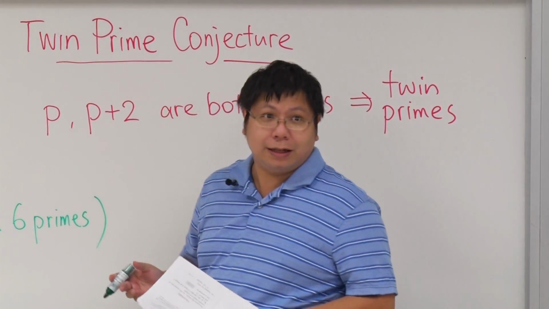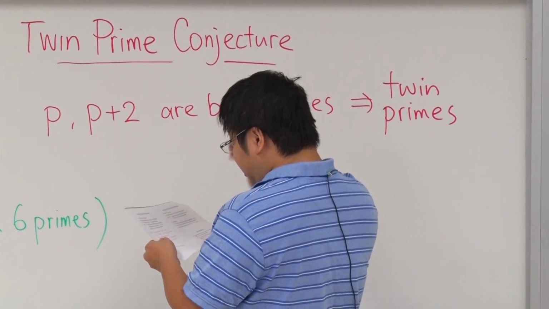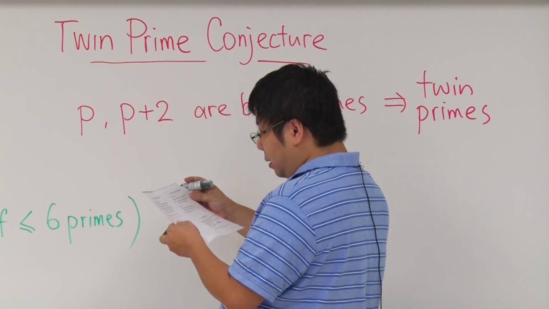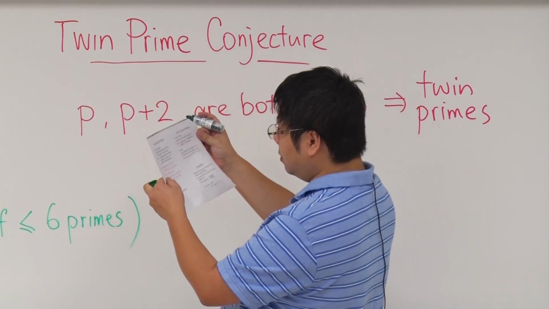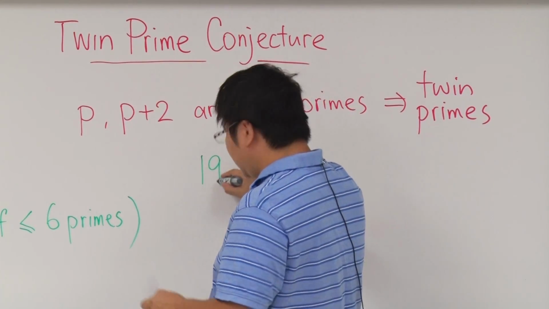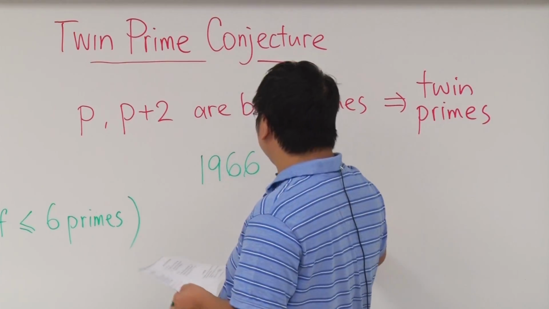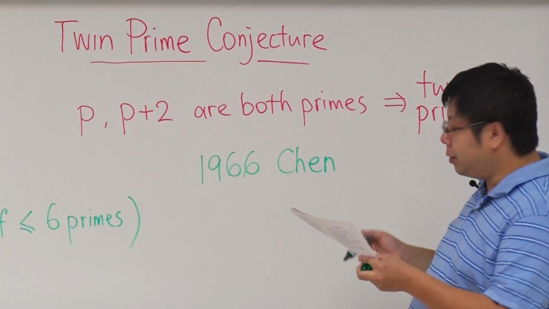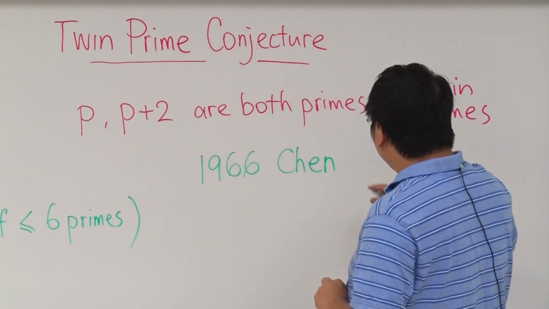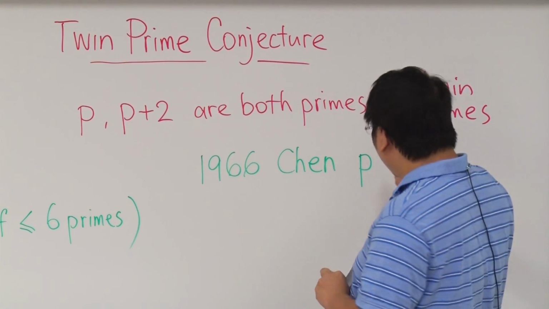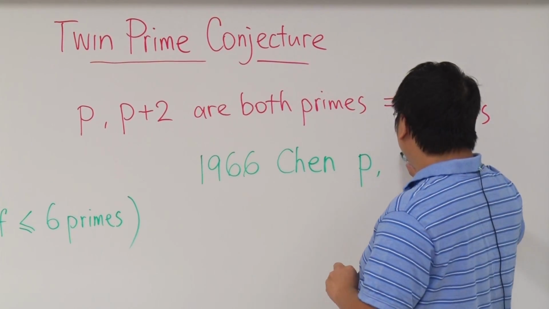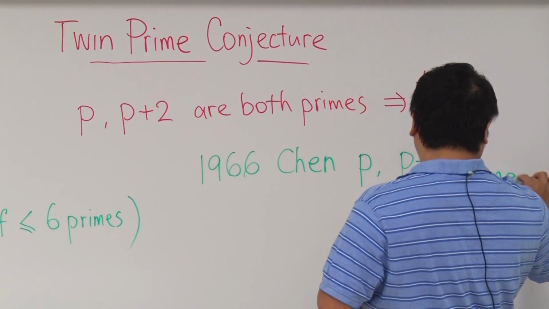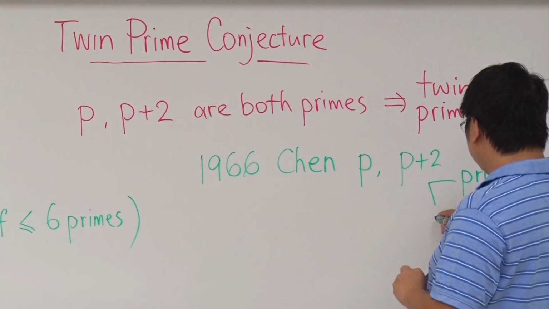Now, some related work. For instance, in 1966, a mathematician, Chen Jingrun, showed that there are infinitely many primes p such that p plus 2 is either a prime or a product of two primes.